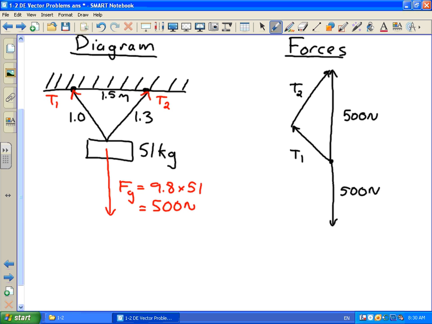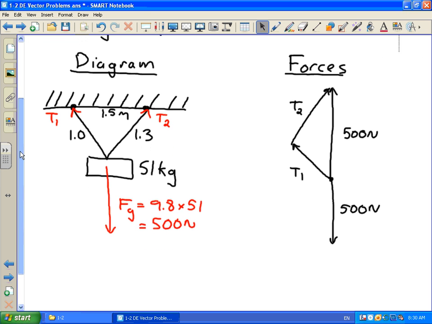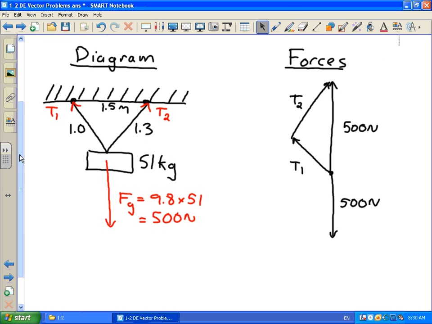Now, what we're missing on our force diagram are any kind of angles. We're going to need angles in order to solve this question. So where we get our angles is from this physical diagram that we have over here.